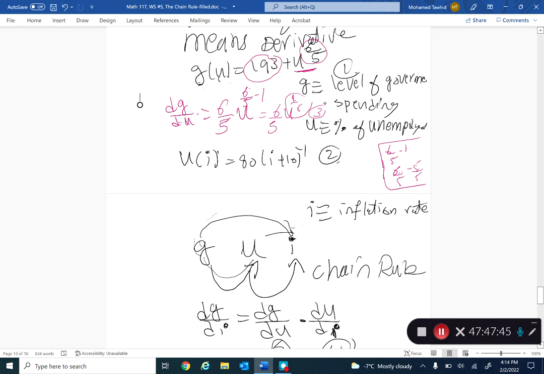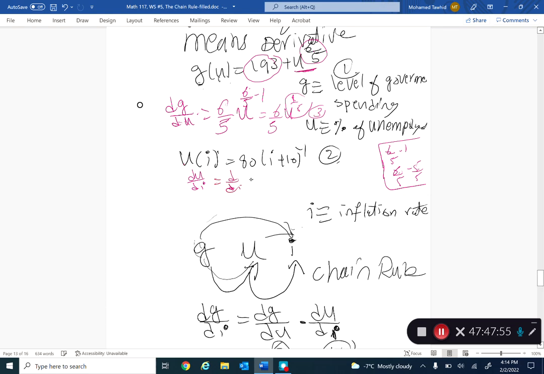Now I have to look for equation number 4. u is a function of I, so it's easy to take the derivative of u with respect to I. How do we take it? Here u equals 80 times I plus 10 to the power negative 1, right? You have a bracket to the power negative 1, which means power rule.